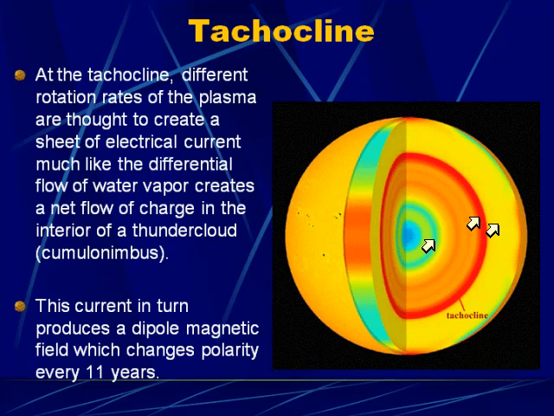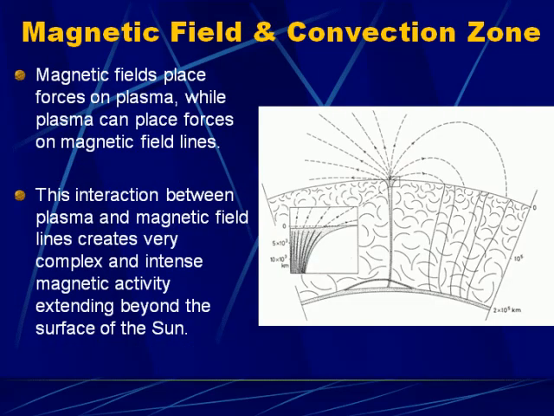The sudden change in these speeds causes eddy currents to occur, and the eddy currents generate the magnetic field. Now, most of the time, the magnetic field has a very difficult time penetrating through the convection cells.